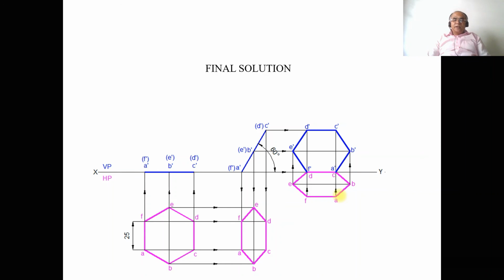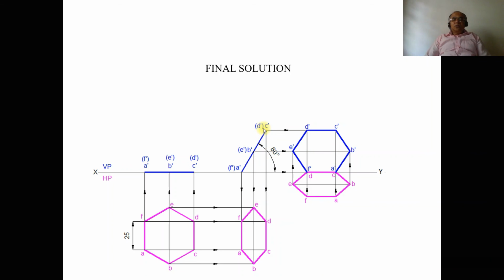Now we need to draw the front view. To draw the front view, draw a vertical projector from A to the XY line and also from F to the XY line, and mark this point as A dash and F dash. Draw a horizontal projector from B dash and E dash, and draw a vertical projector from B and E. Both these two lines will intersect at this point, which is B dash, and this is E dash.